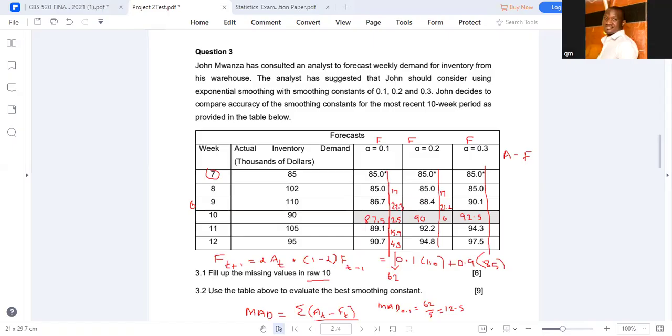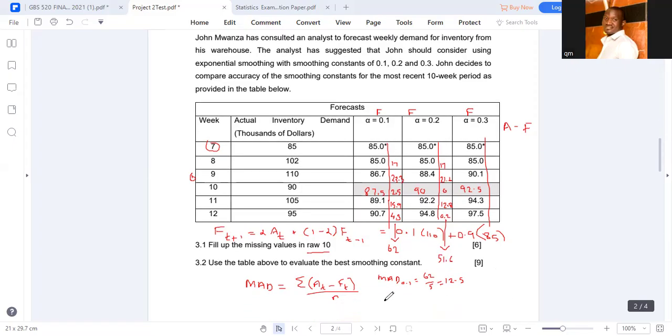Then this minus that, what do we get? 12.8 and 0.2. Then in total up here, what do we get? 51.6. Okay, so what is the MAD at 0.2?